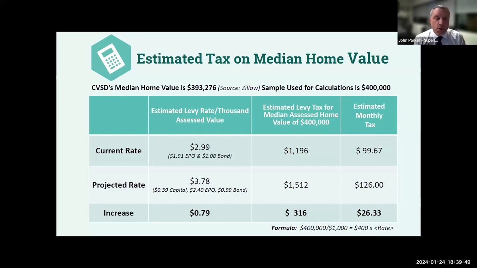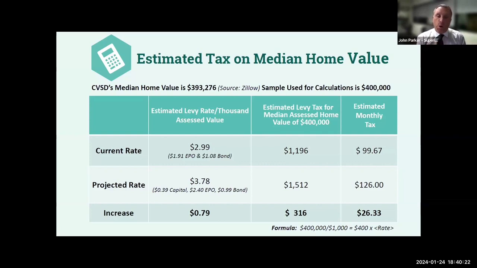First of all, we wanted to do a sample calculation of what the costs were going to be. We're not placing any value judgment on whether this is high or low, but rather we wanted you to be anchored in your understanding of what the cost would be for a median home value currently in Central Valley School District, according to Zillow, which is a $400,000 home, a little less than that.